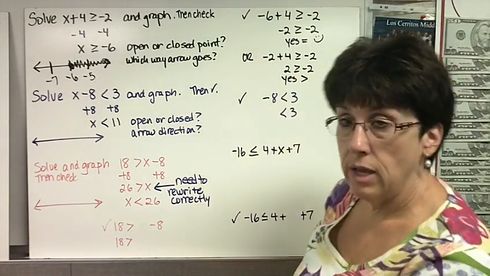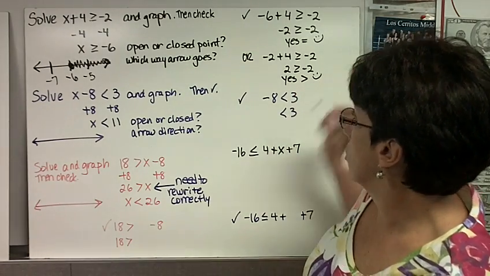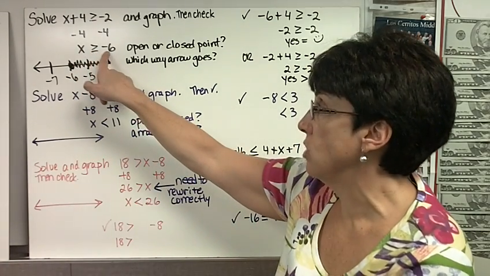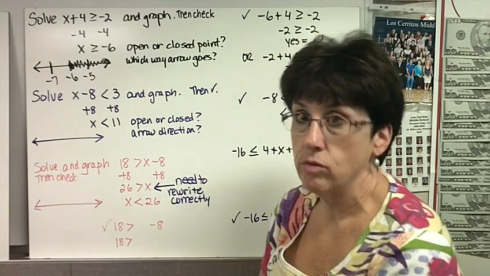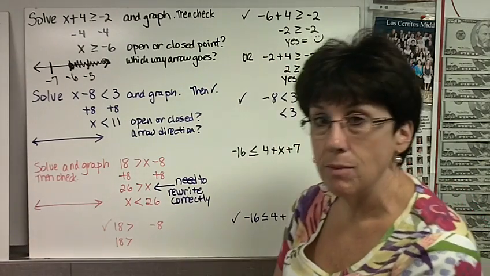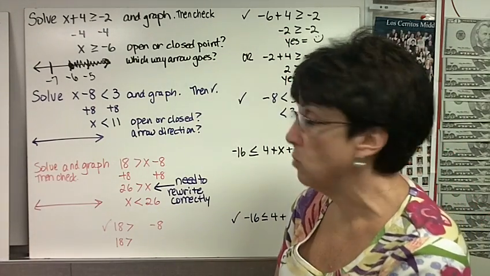But is 2 greater than or equal to -2? Yes, it's greater than. So if your inequality has a or equal to, you can pick this number. But if it doesn't, you have to pick a number either greater than or less than. And you're not going to get the same thing because it's not an equation. This one you have the same thing because it's a or equal to.